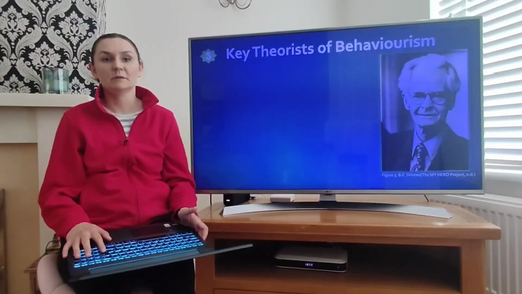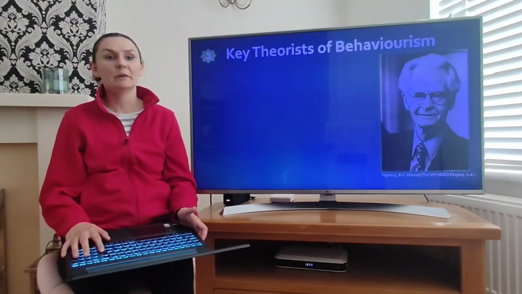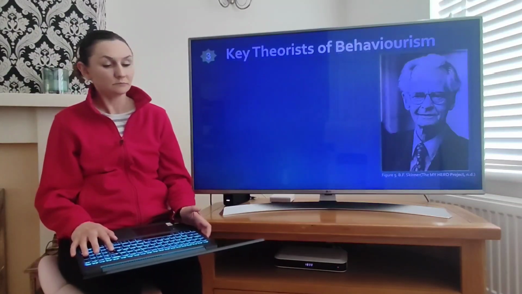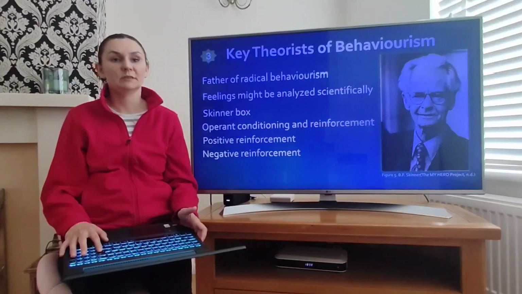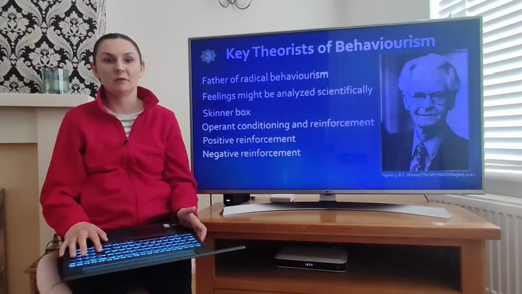The third main theorist in behaviorism was an American psychologist and the father of radical behaviorism, Burrhus Frederick Skinner. He believed that the internal processes have a reflection on the behavior and they could be analysed.